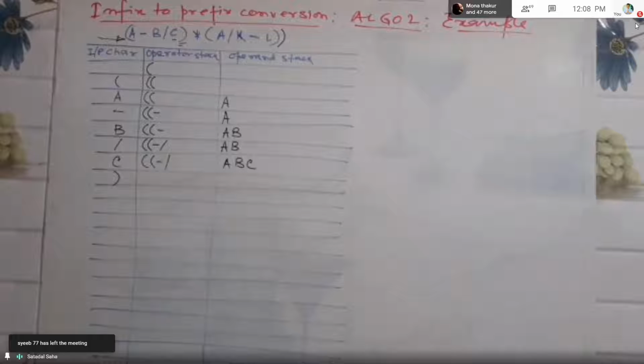So, if you follow the algorithm of last day, then it was written that we need to pop one operator after the other, and we also need to pop operands from the operand stack. So, we need to pop the operand, first operand is C. So, we need to pop this operand. Next operand is B. We also need to pop this operand.